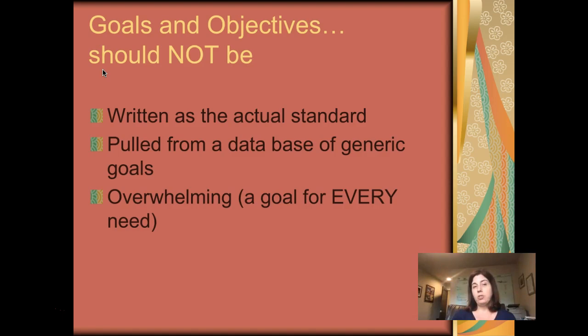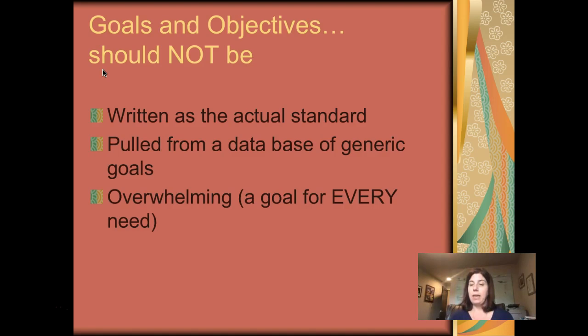These goals and objectives should not be pulled from a database of generic goals. Like we've talked about in the previous modules, an IEP is very individualized. Just going to a database and grabbing a goal for hearing loss, for instance, is not the way for an IEP to become very individualized.